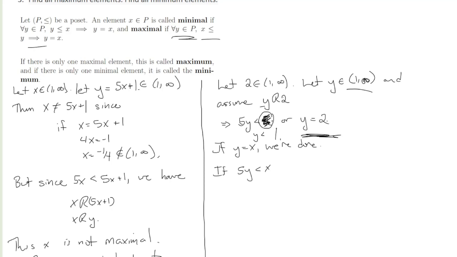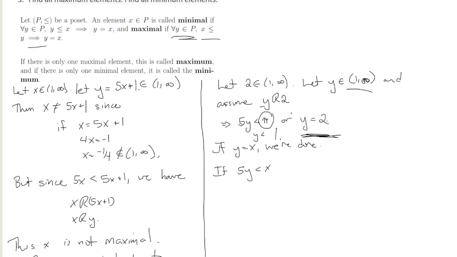If that number on the right there is as big as 5, then 5y is less than 5 will be the same as y is less than 1. It won't work. Now, it doesn't have to be 5 because these are real numbers, right? This can be, say, pi.